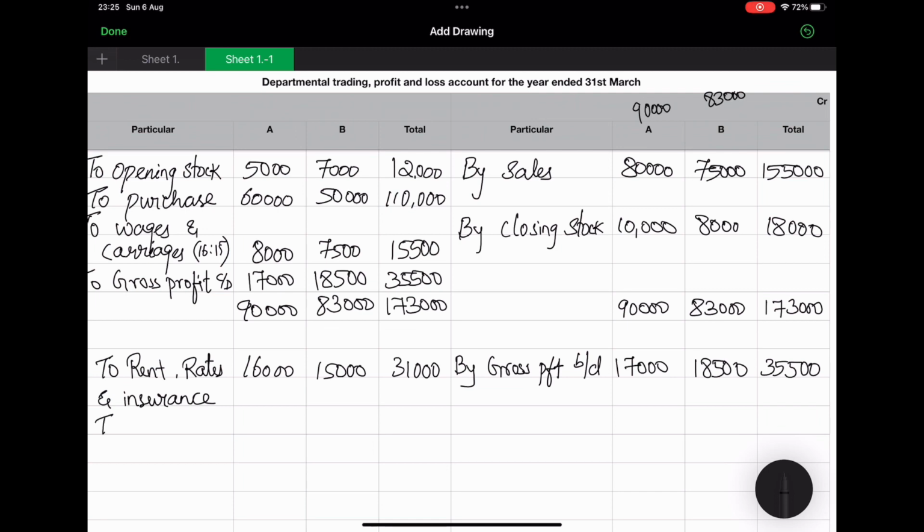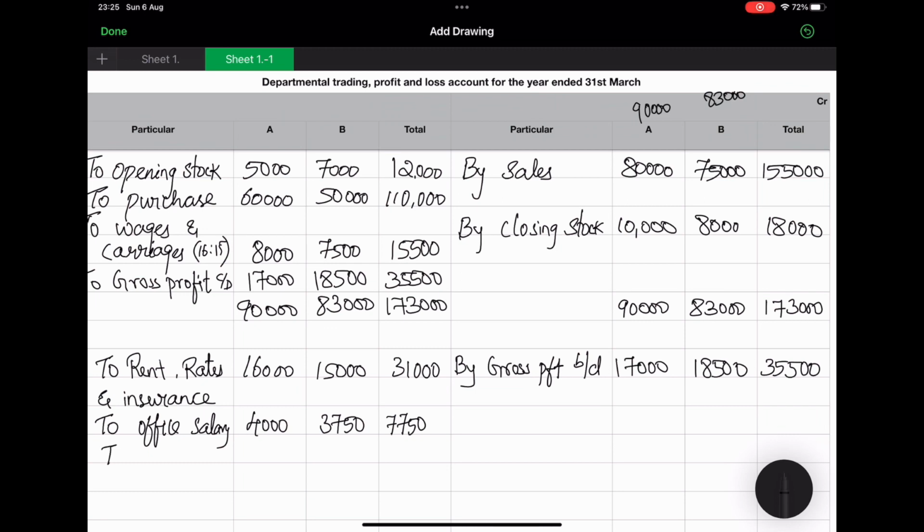Next one, to office salary. Office salary, how much they have given? 7,750 total. So 7,750 into 16 divided by 31. How much we are going to get? 4,000 we are going to get, and 7,750 into 15 divided by 31, 3,750.